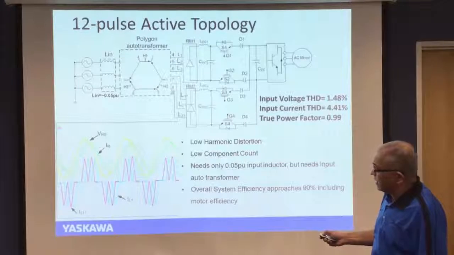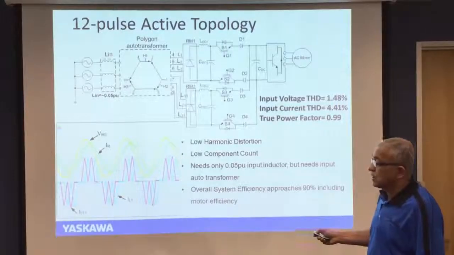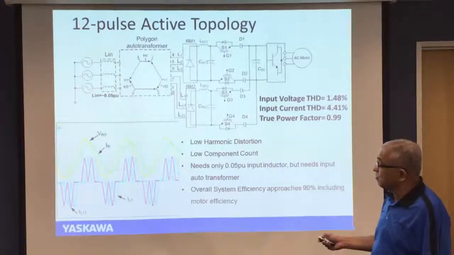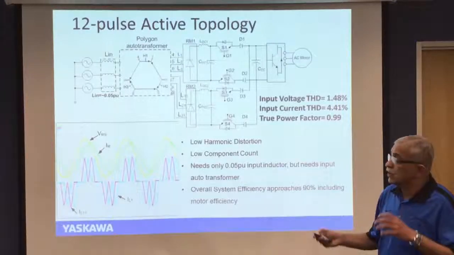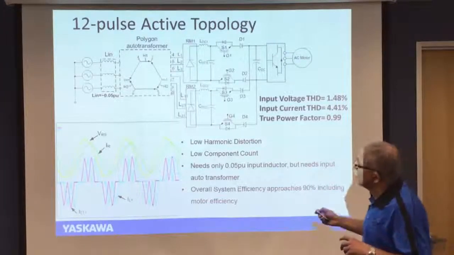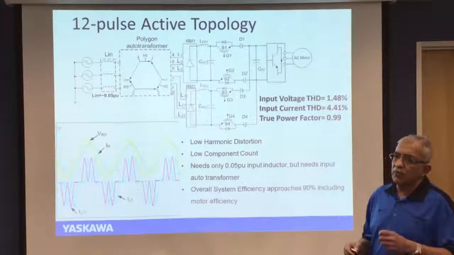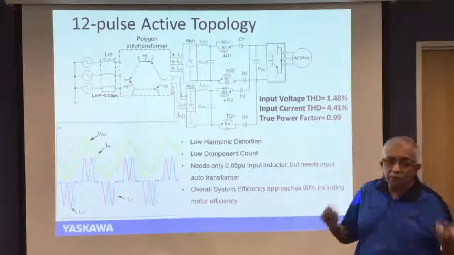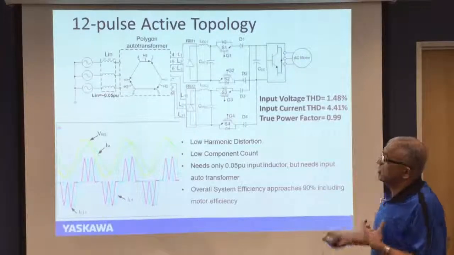Of course, this is a line-to-line voltage and this is a phase voltage, so there's an automatic 30 degrees phase shift. But if you look at the line to neutral voltage, it will be in phase, so the power factor is very, very good. The harmonic distortion is very low, but again, this is one drive to one load application, which may not be very suitable from a carbon footprint point of view, but may be relevant if the size of the drive becomes very large.